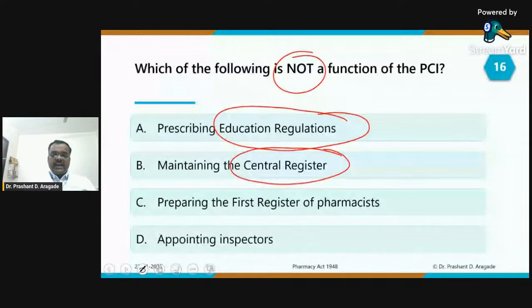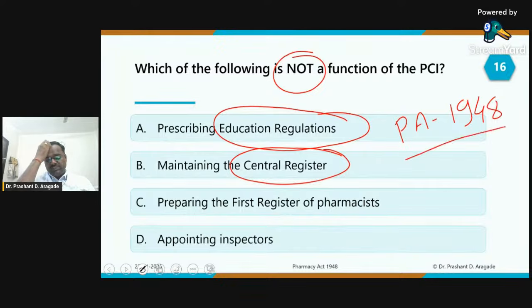When the Pharmacy Act 1948 was implemented, that time government made a provision to make a first register, and the first register preparation responsibility is given to the state government. State government has to appoint the registration tribunals, nondani pradhikaran.